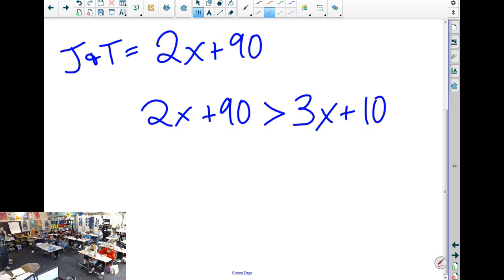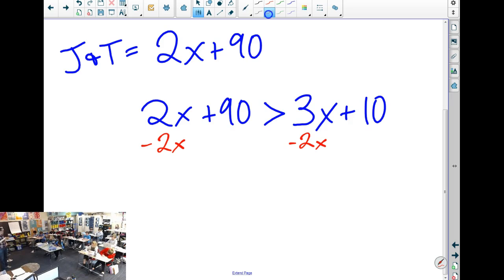Ethan's 4 options are minus 2x and get rid of it, minus 90, get rid of it, minus 3x, get rid of it, minus 10, get rid of it. We'd have to do it on both sides. The easiest way to start, find your small variable and get rid of it. 2x. If I minus 2x on both sides, that's going to make things easier.